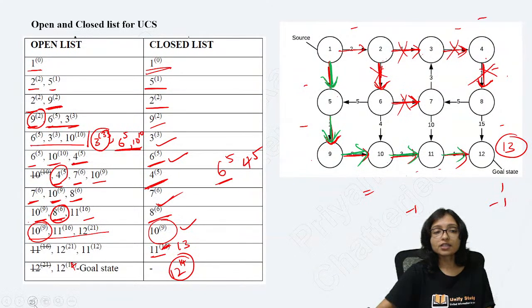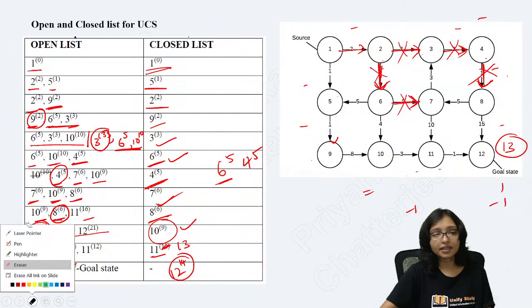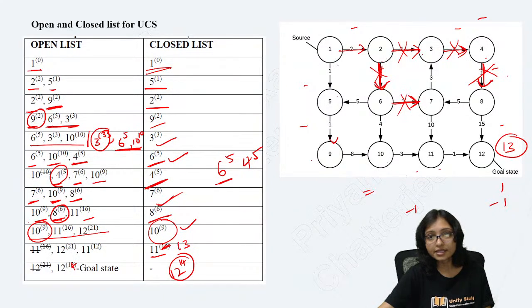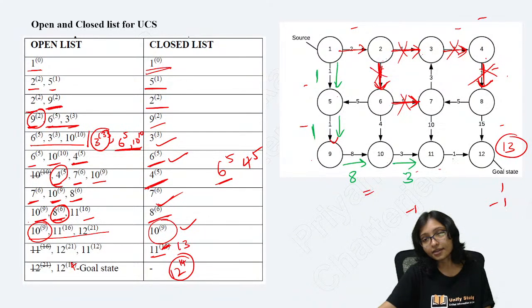So that was the total value. What was the total value here? Whenever I make the green color, then it was hiding. You can see this one was 1, then 1, 8, 3 and 1. So what is the value? 0 plus 1 plus 1 plus 8 plus 3 plus 1.